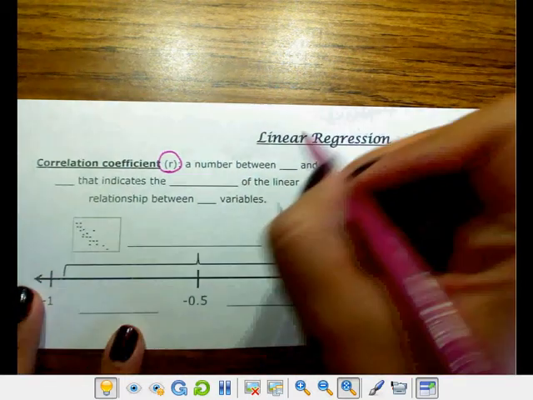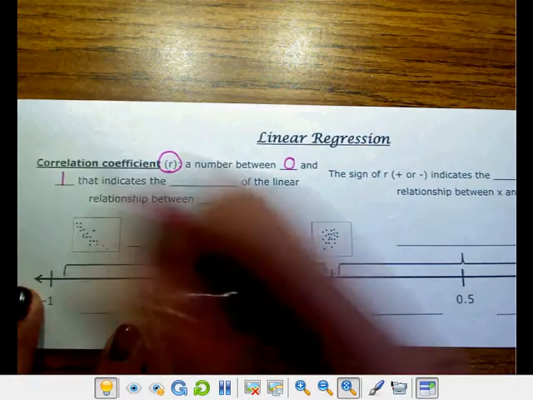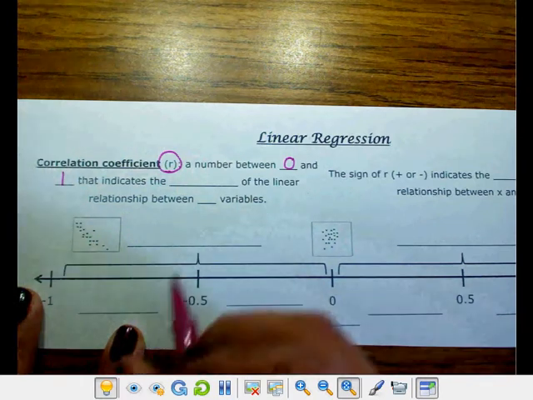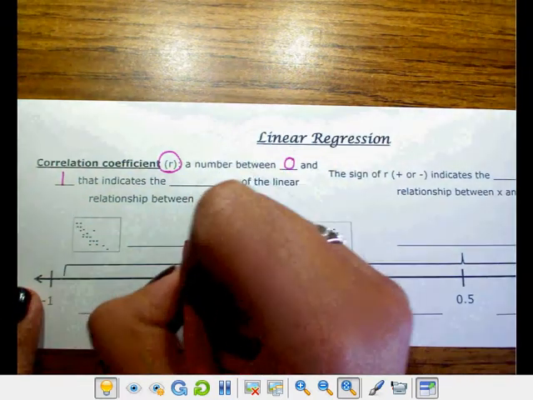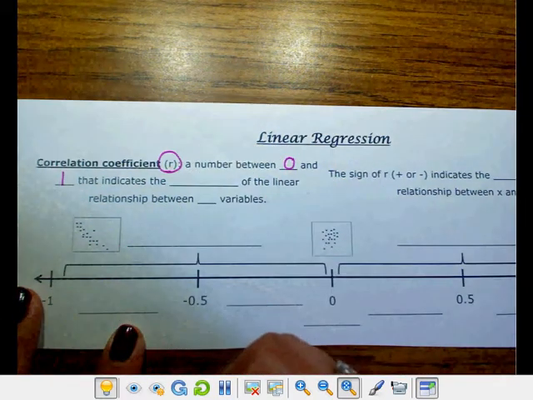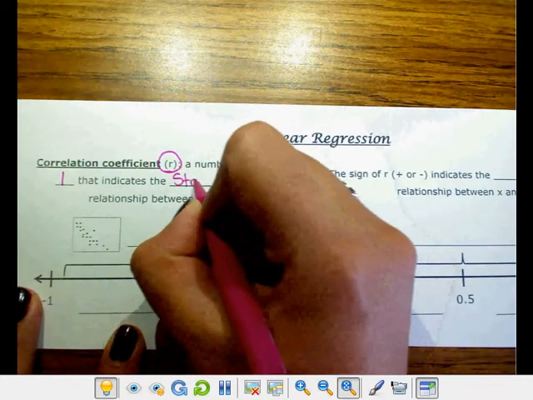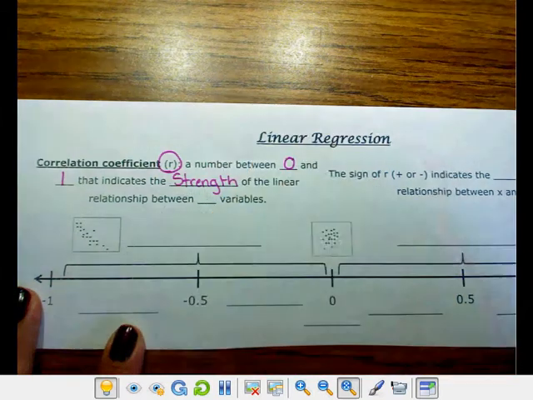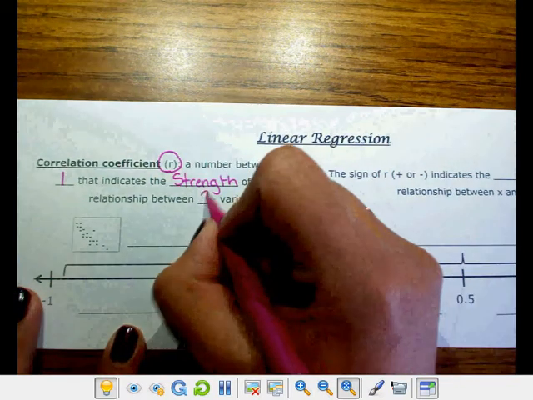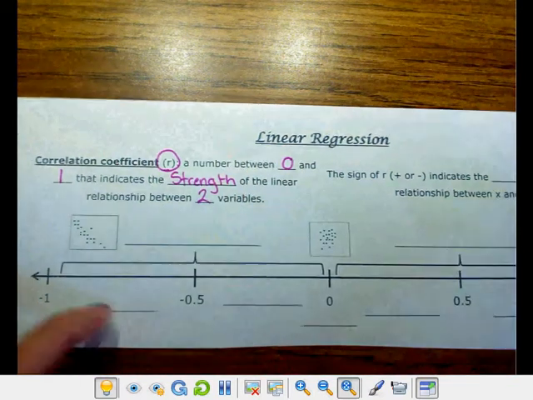It's a number between 0 and 1 that indicates the strength of the linear relationship between two variables.